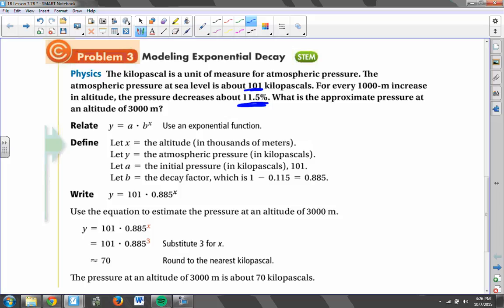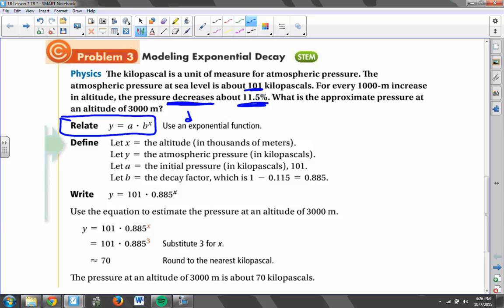So the first thing we need to do is try to write an exponential function that will model this situation. We should always go back to our exponential formula, and decide what is my initial value and what is my, in this case, decay factor, because we are decreasing.